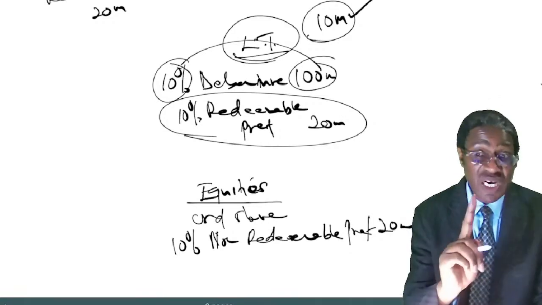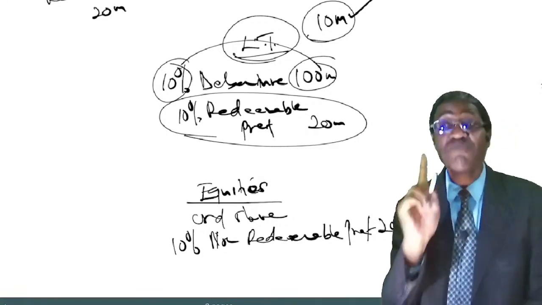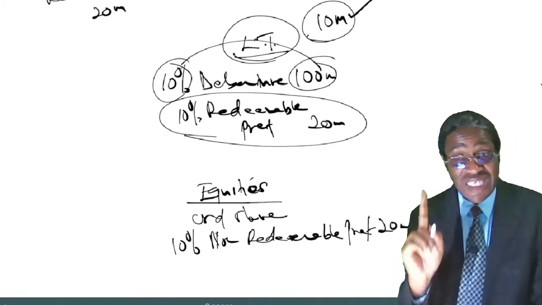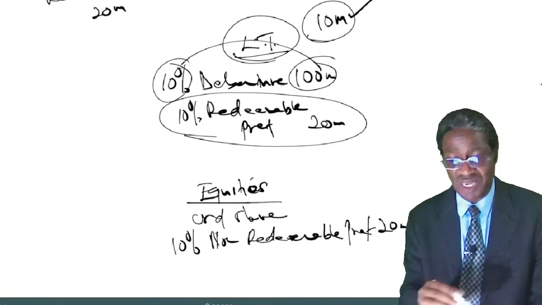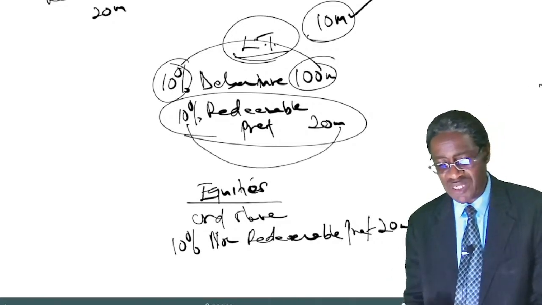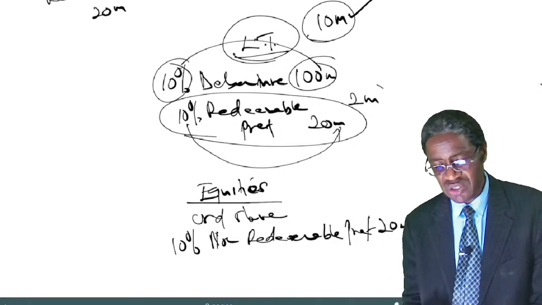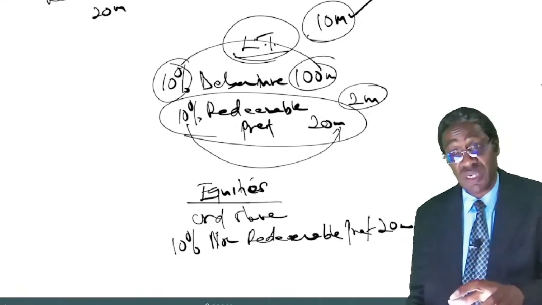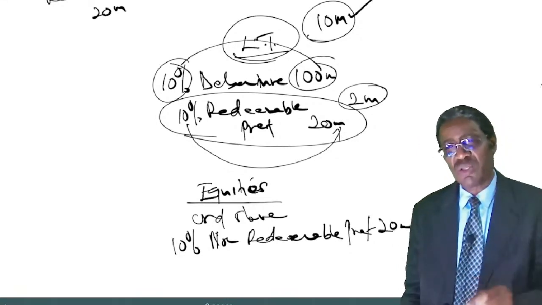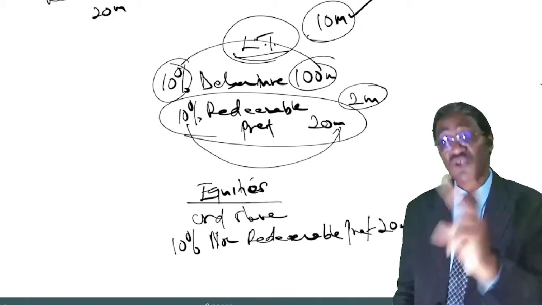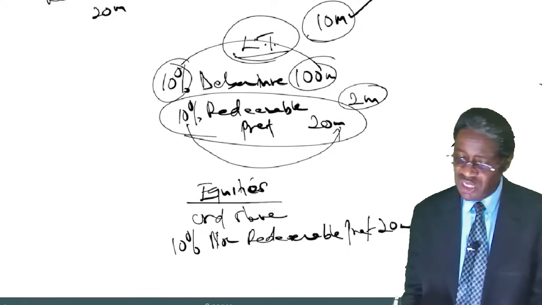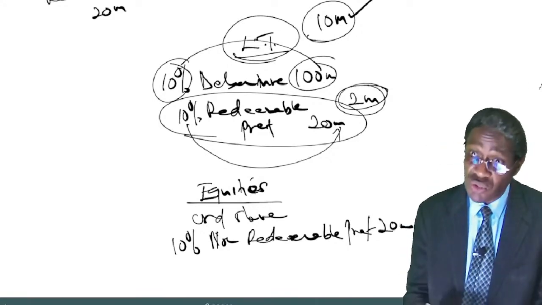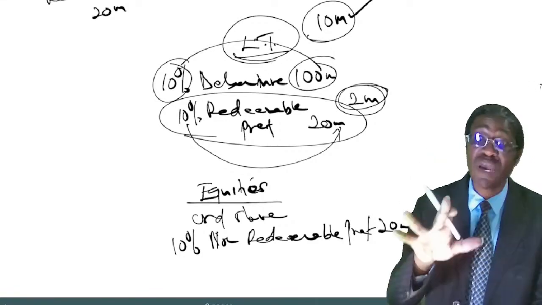But every year, you will be paying back the interest, or the cost of borrowing these finances. How much? 10% of 20 million is 2 million. So the cost of borrowing through preference shares is that 2 million. That 2 million is the finance cost. You financed your business by borrowing.